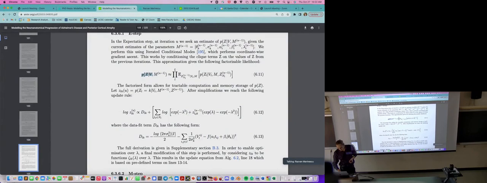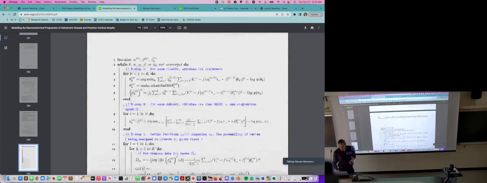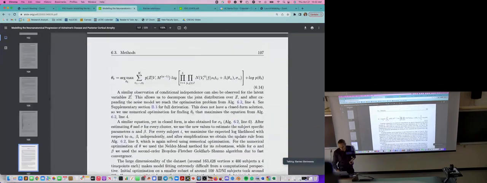Of course, in the E step we try to find the values of the latent variables z. And in the M step, which I'm going through here, we try to maximize the parameters of the model.